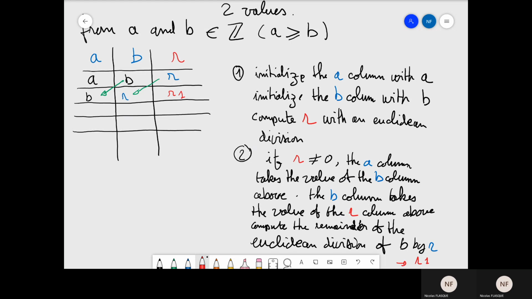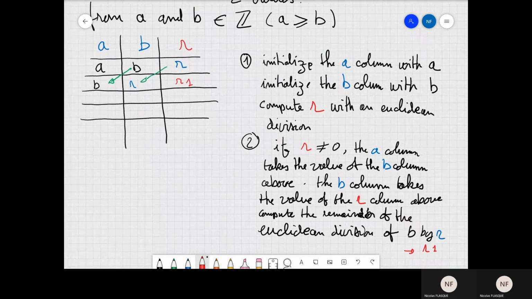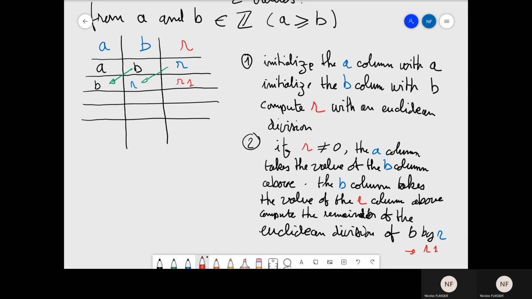If R1 is different from 0, then go ahead and put in the A column the value which is in the B column above, and in the B column the value which is in the R column above. So that's all for the second video. I'll make a short video as an example and illustration of Euclid's algorithm on real values.